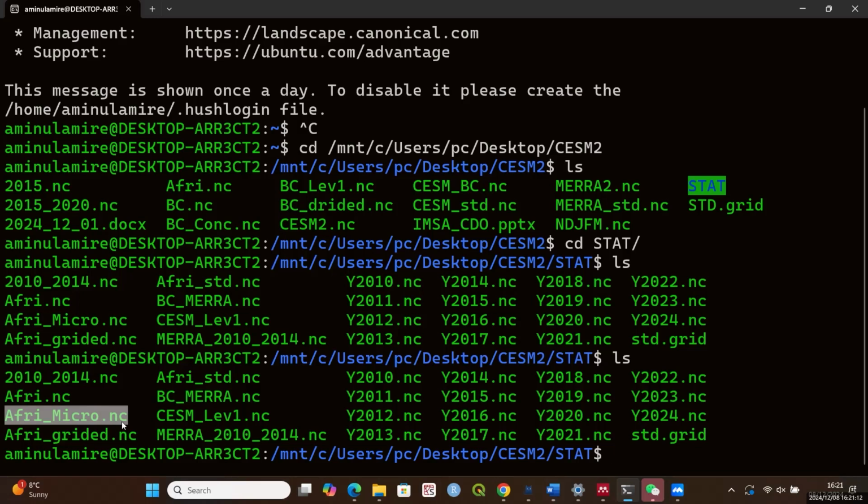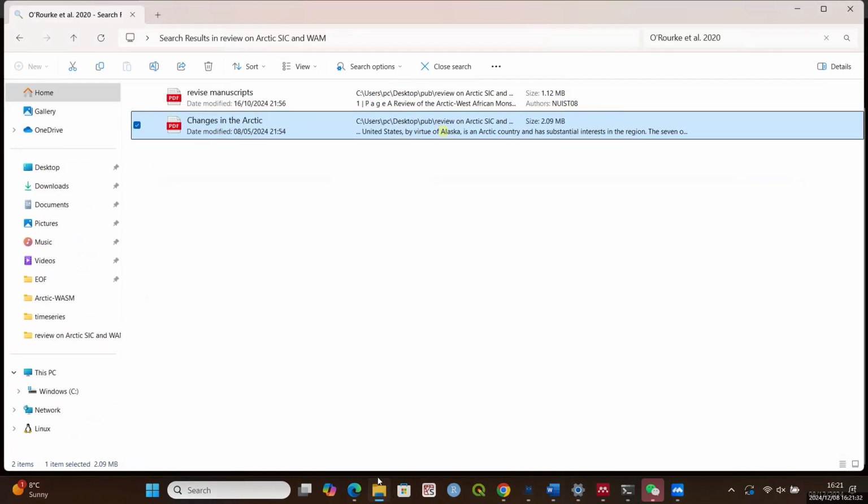If you can remember it, or just recall the commands that you did and check which last file you did. You should have this one, and you also should have this one, Mela 2010 to 2014.